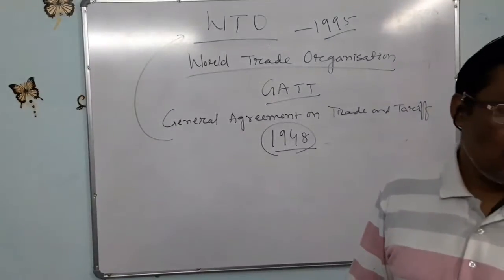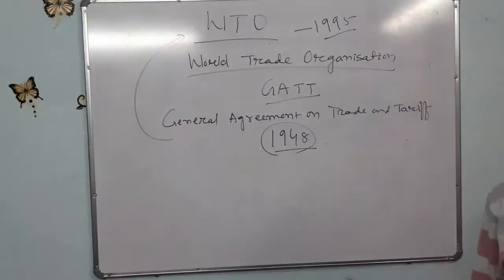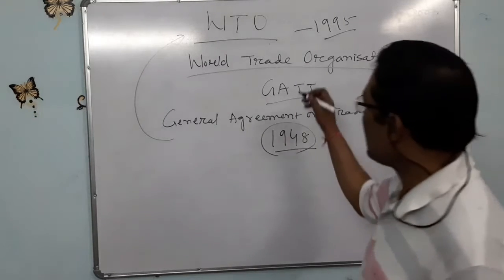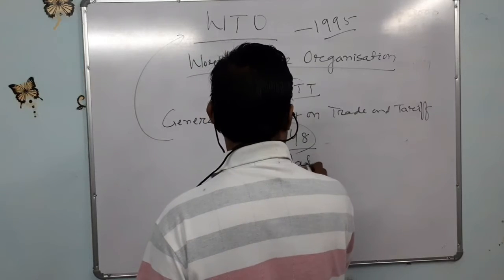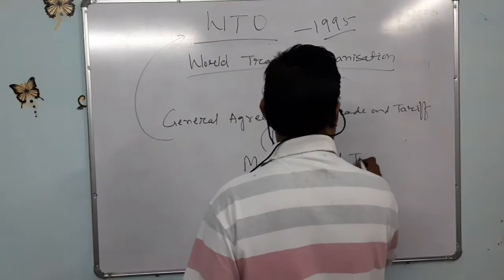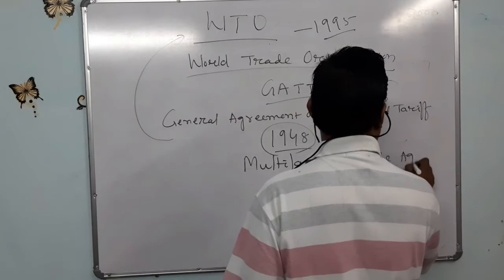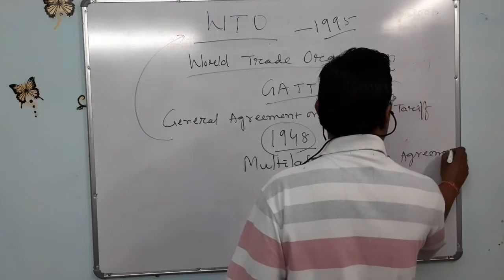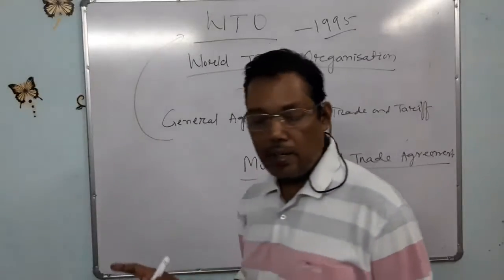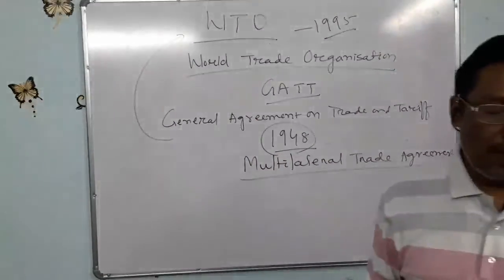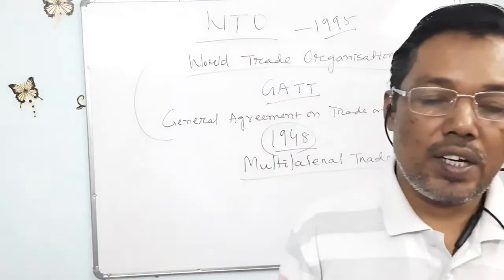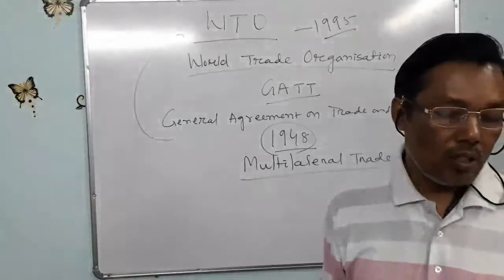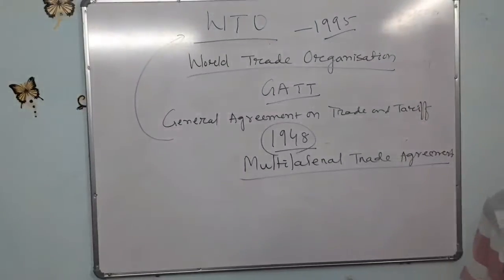It means GATT was set up to administer all multilateral trade agreements. Bilateral agreements and multilateral agreements: bilateral agreements deal with two countries, multilateral agreements relate to more than two countries. So why was GATT set up?